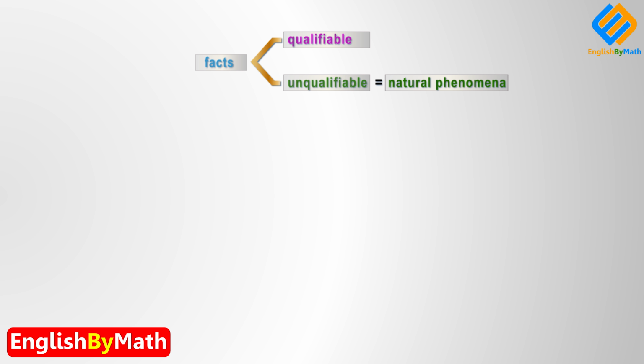There are 2 types of facts, qualifiable facts and unqualifiable facts. Unqualifiable facts, such as natural phenomena, never change because they are beyond our control.